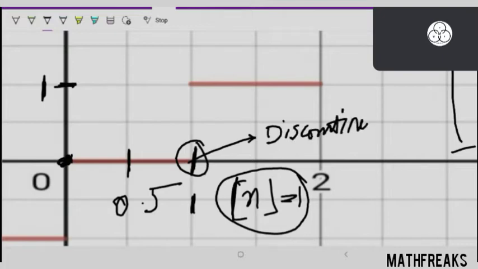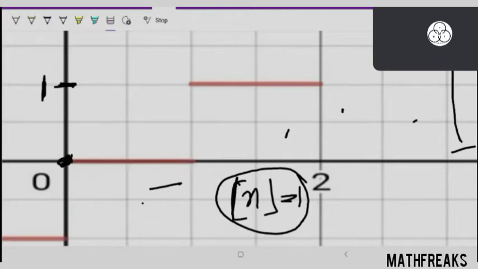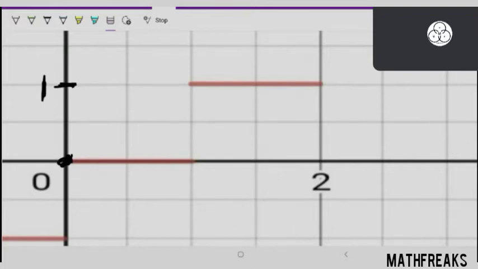This is very important. Box of x equals 1. This is the coordinate (1, 1).